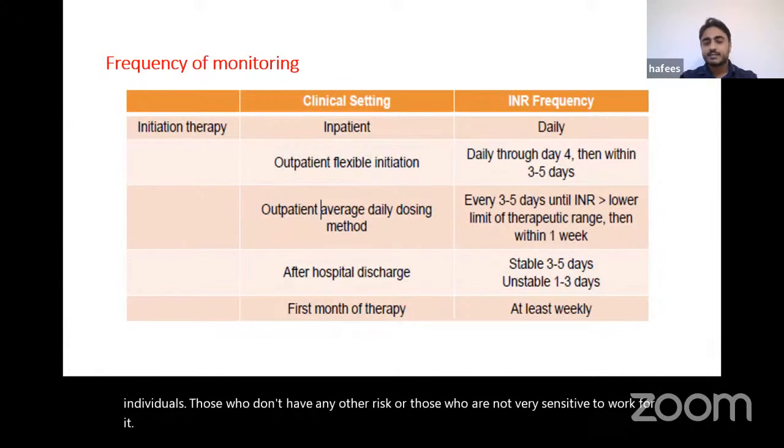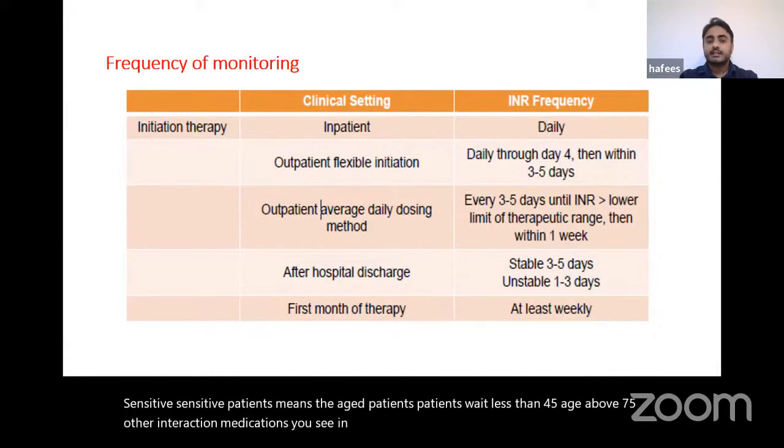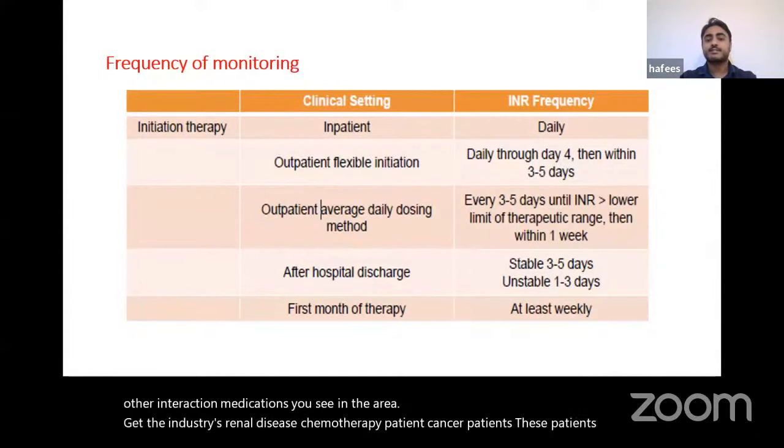Warfarin-sensitive patients means aged patients, weight less than 45, age above 75, those using interacting medications, end-stage renal disease, chemotherapy patients, cancer patients. These patients are included in the sensitive patients.